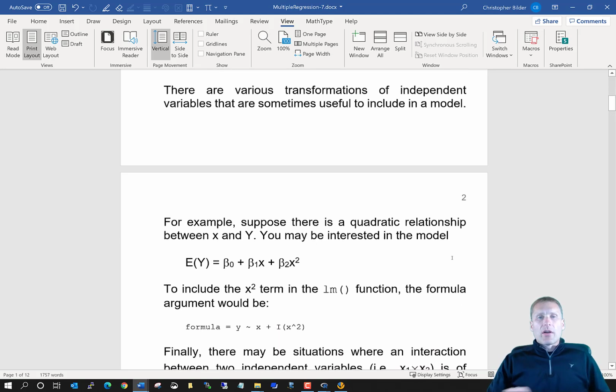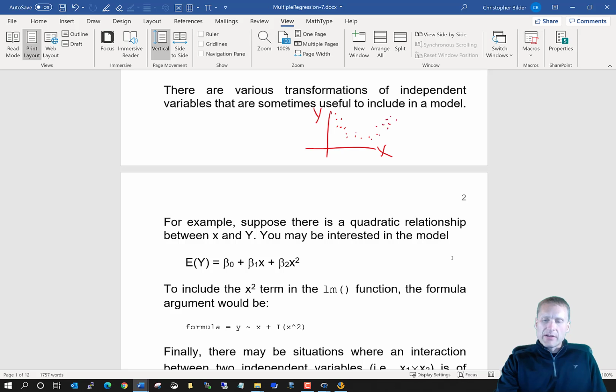Now, sometimes there are transformations of the independent variables that are useful. So, for example, let's consider we had a scatter plot that looks like this, where we can see that indeed we have a trend, but it's not a linear trend. It's like a quadratic trend. And if I were to put a line through the middle of the points, you can see we have this quadratic trend here in our model.